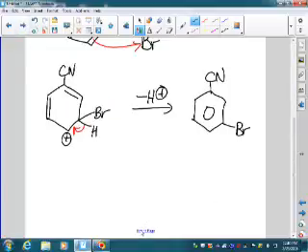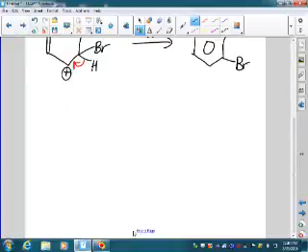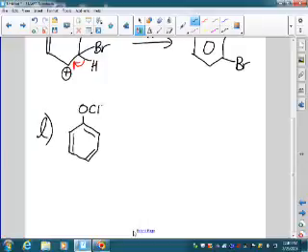Okay, L. L is anisole. Anisole is OCH3, and that's an OP director, and we are bonding to it this electrophile, the acyl cation. I'm going to just put it ortho for a change.